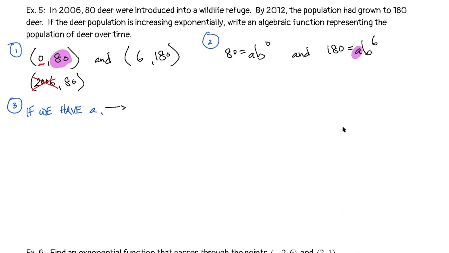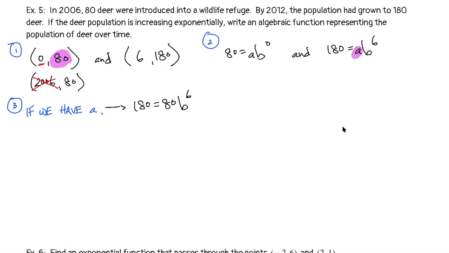We'll get 180 equals 80 times B to the 6th. You don't have to do it this way. The other way that we did it, the longer way in example 6, will work. So we don't have to do it this way, but it saves us a little bit of time.